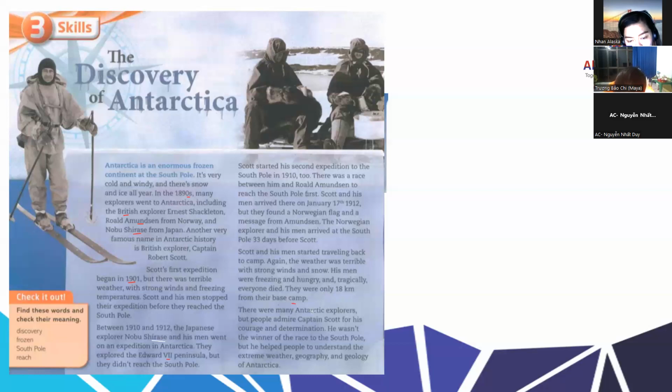There were many exhausted explorers, but people admired Captain Scott for his courage and determination. He wasn't the winner of the race to the South Pole, but he helped people to understand the extreme weather, geography, and geology of Antarctica.